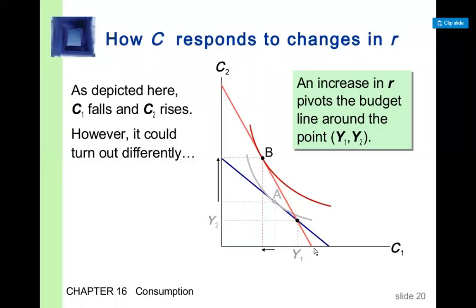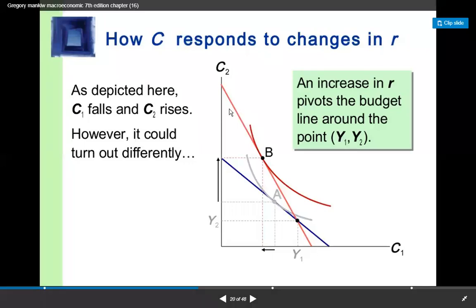Okay. Here, you can see that when consumer consumes C2 only, then consumption in period 2 rises due to higher interest rates.